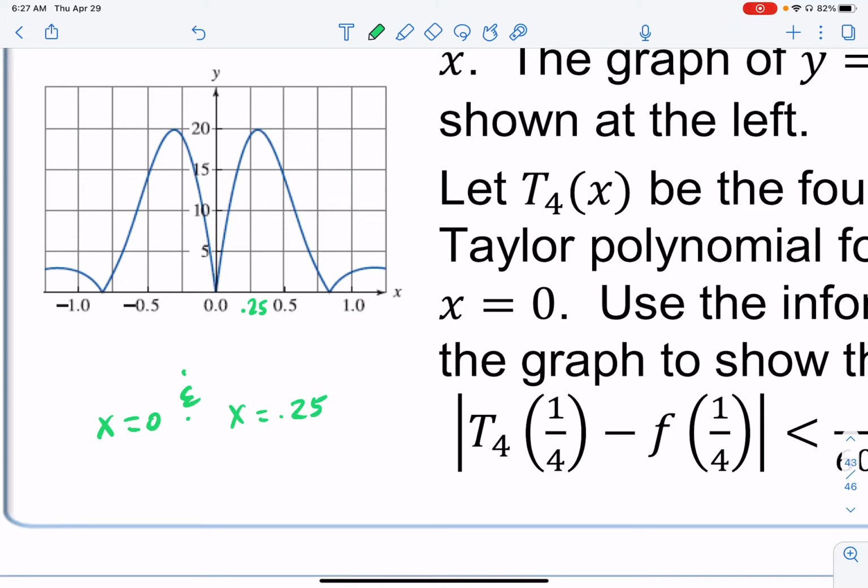So in other words, we just need to find the maximum value of this n plus 1th derivative from 0 to 0.25. And then we can see, of course, that the n plus 1th derivative, or at least the absolute value of it, is increasing on that interval. So I would choose the right endpoint, which is right here. And who the heck knows what that value is? Something that's less than 20.